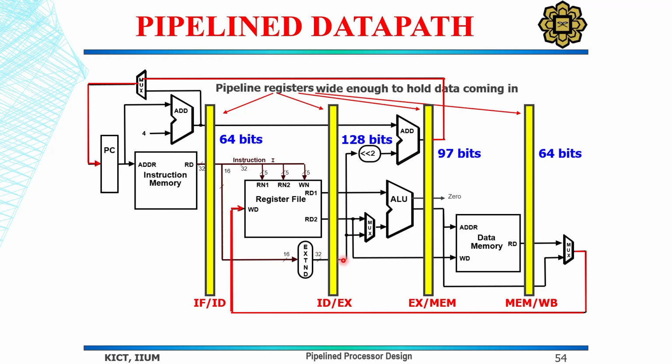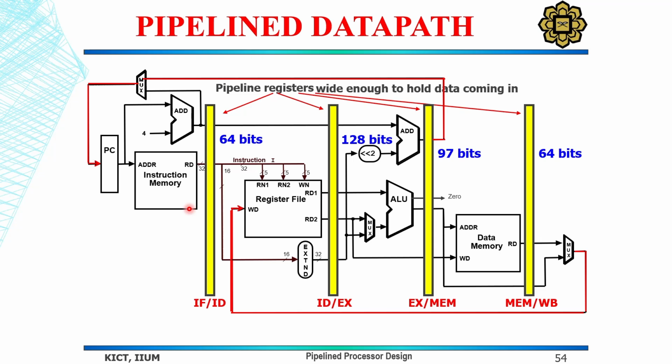Now, what do these pipeline registers hold? These pipeline registers must be wide enough to hold the data coming in. This means each pipeline register should have enough bits to store all the data and control information that the next stage needs.